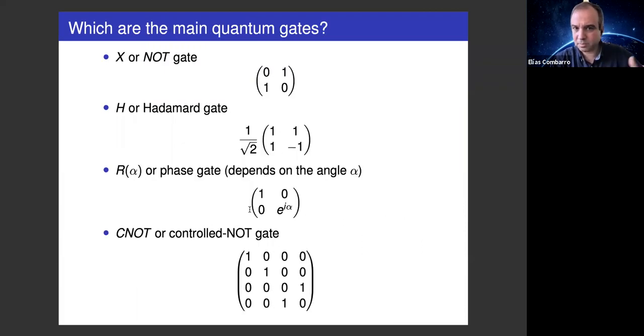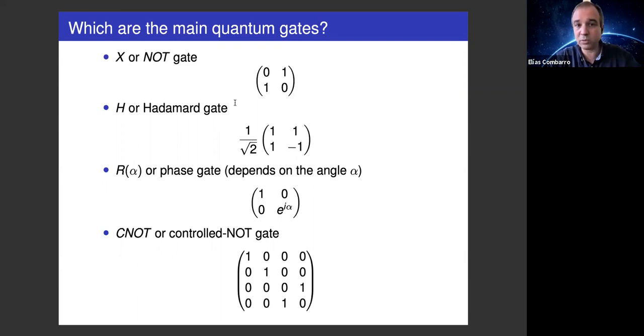And in fact, we can prove mathematically that this is not a limitation, because when we have a certain number of these transformations, we can generate all the others or approximate all the others as much as we want. And usually we work with just a subset of all the possible transformations, just 1 and 2 qubits, and from these operations we can compose all the operations in an arbitrary number of qubits.